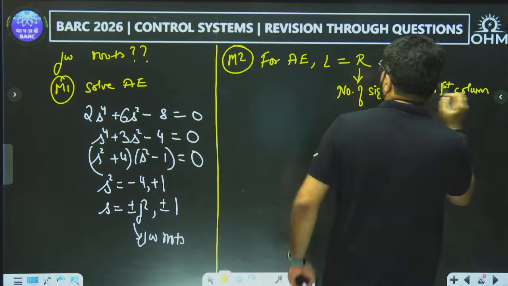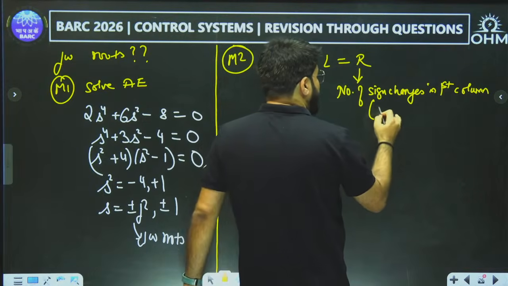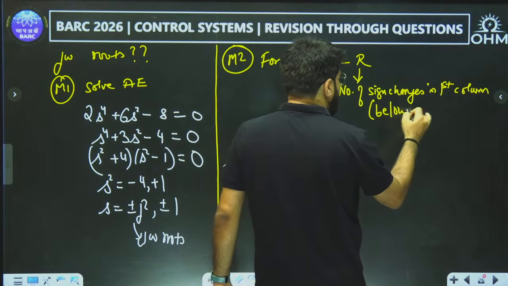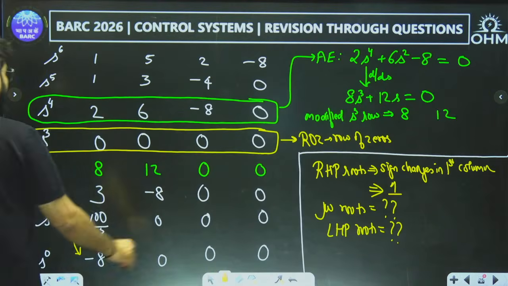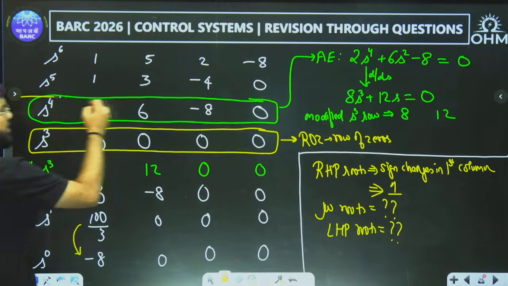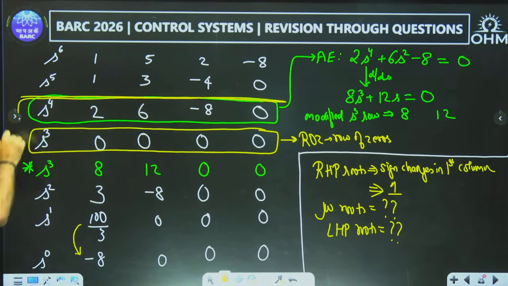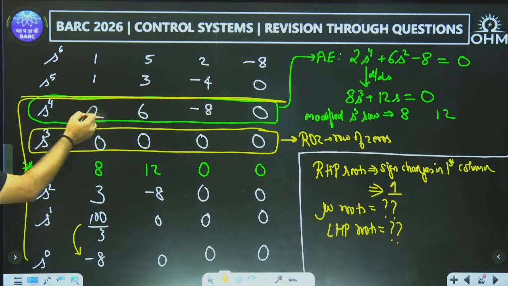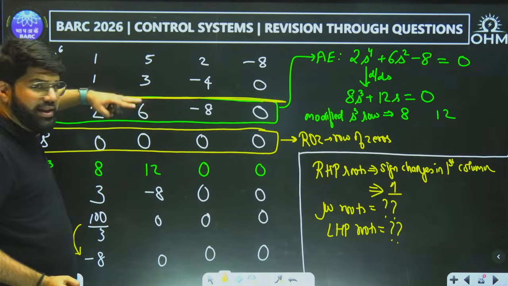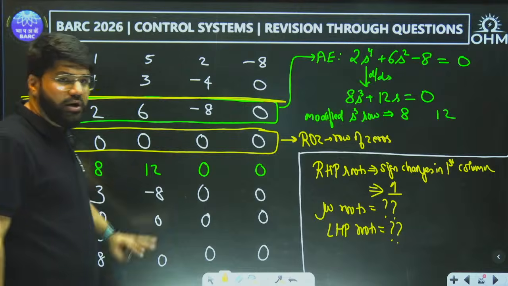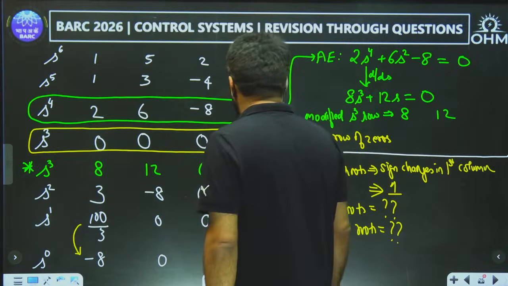But you are finding the roots of only the auxiliary equation, so the number of sign changes has to be seen only below the auxiliary equation. Come to the Routh table with me. This is my auxiliary equation, and below this, how many sign changes? Plus, plus, plus, plus, minus: 1 sign change. Only in the auxiliary equation and below part. Got my point?